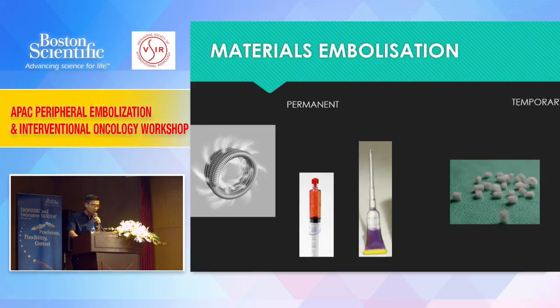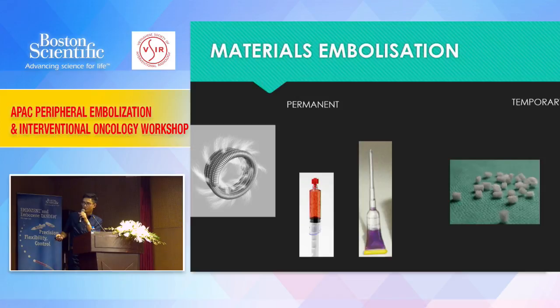The embolic material is very important, and we have to know the advantages and disadvantages of all the materials. Permanent embolic materials are, for example, coils, particles or glue.